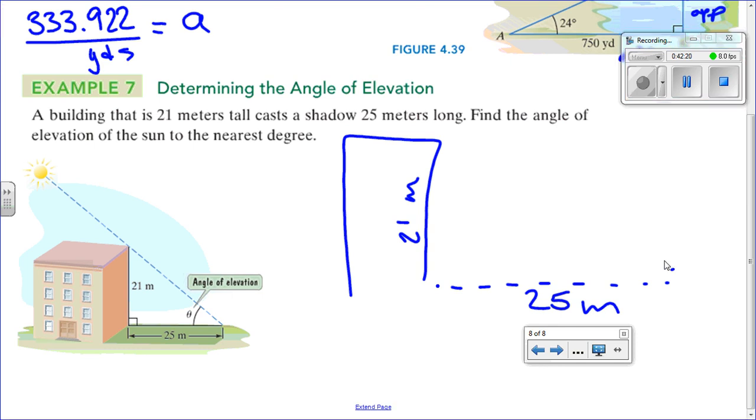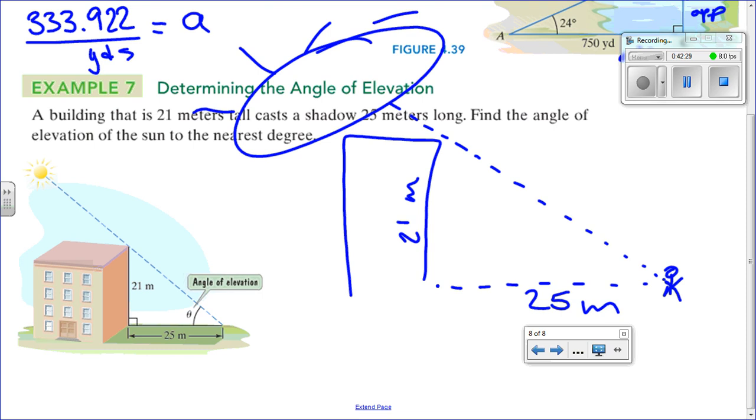So imagine that someone is here, and the sun is over here. Okay, it's the same drawing, but you're not always going to have the drawings, so you're going to have to learn how to draw them. And so we do that, and this is the angle of elevation.